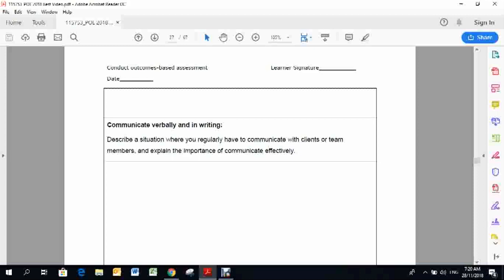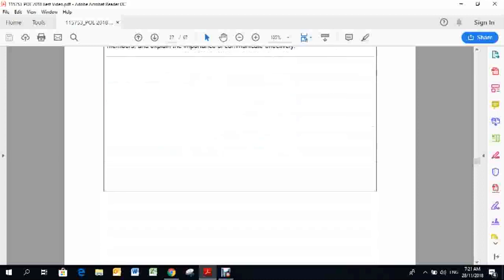That will be the reason, to put it as evidence. You may indicate that you work with a team of people, and in the team, this is what I do, and so forth. But you need to give us any information that indicates that you are able to communicate verbally and in writing.